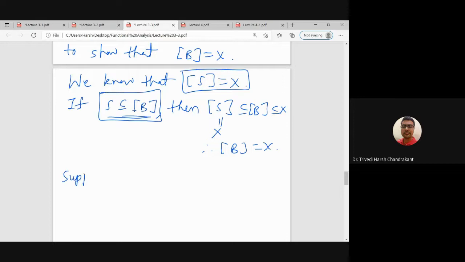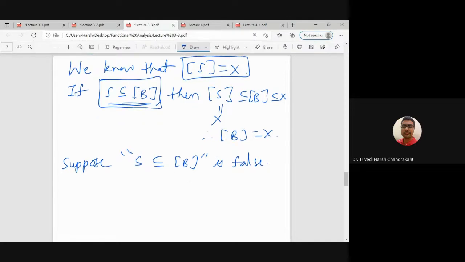So suppose S is not a subset of span of B. So that means what?